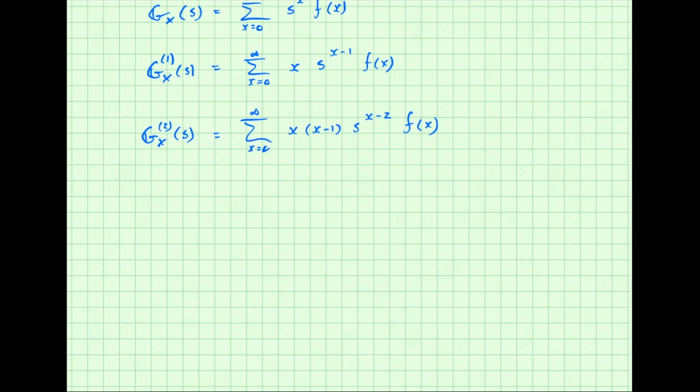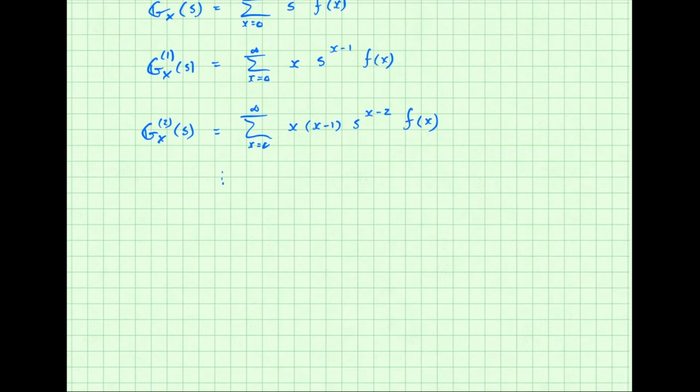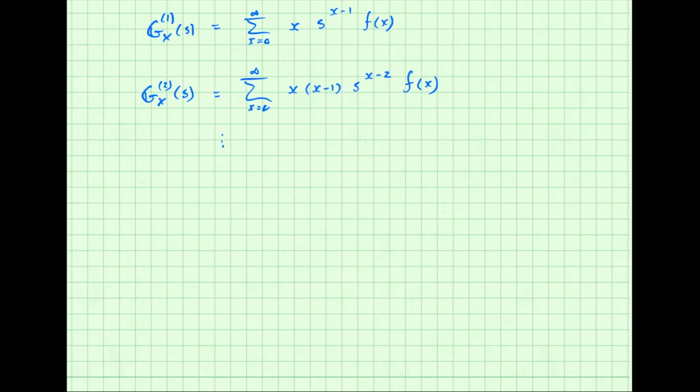And then the generalization, you can kind of see what's happening, I think. I hope you will believe me that the kth derivative then looks like this. Let me put this down a little. So it's going to be a sum, x equals 0 to infinity. And then we have a whole bunch of different things that would be multiplying each other here, right?